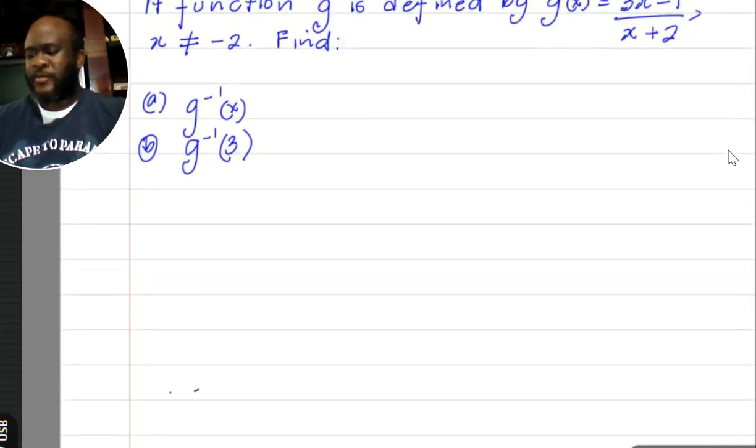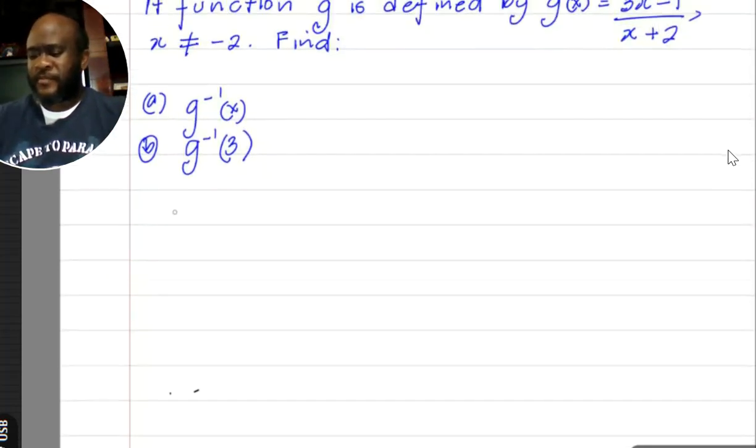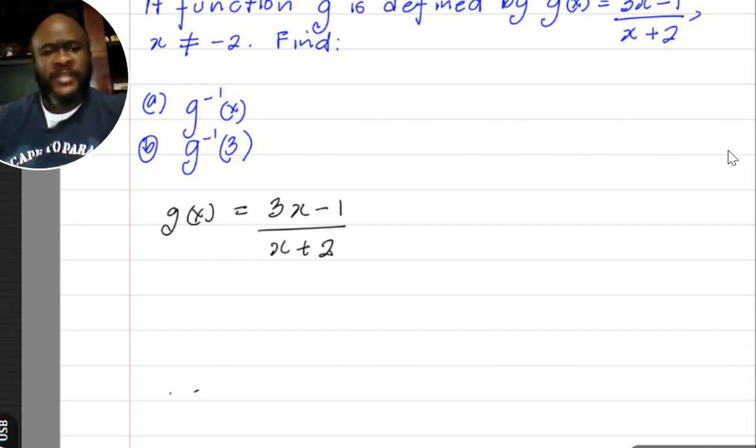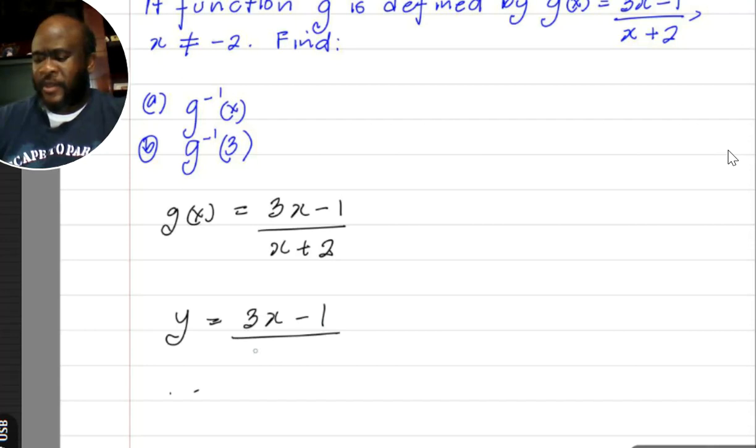So g of x is equal to 3x minus 1 over x plus 2. Remember your four-step method. Step 1, take out g of x and put y. Y is equal to 3x minus 1 over x plus 2.